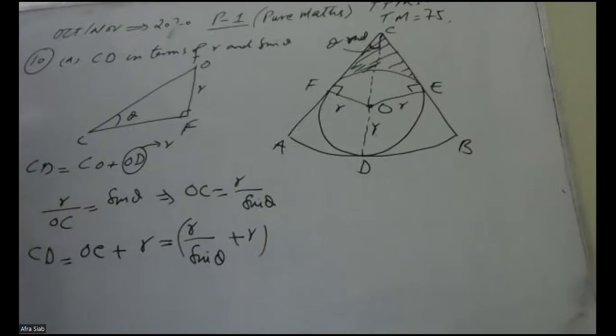Now CD is equal to OC plus OD, which is R over sine theta plus R. So this is the length of CD in that sector.